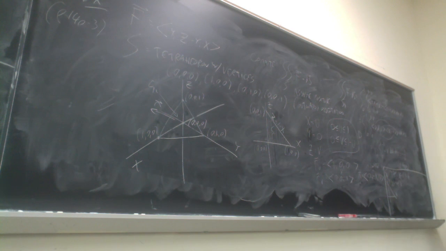That's the defining equation of the top face of the tetrahedron. So z is equal to 1 minus u minus v. Then your parametric equations come from here. u goes between 0 and 1, v goes between 0 and 1 minus u.